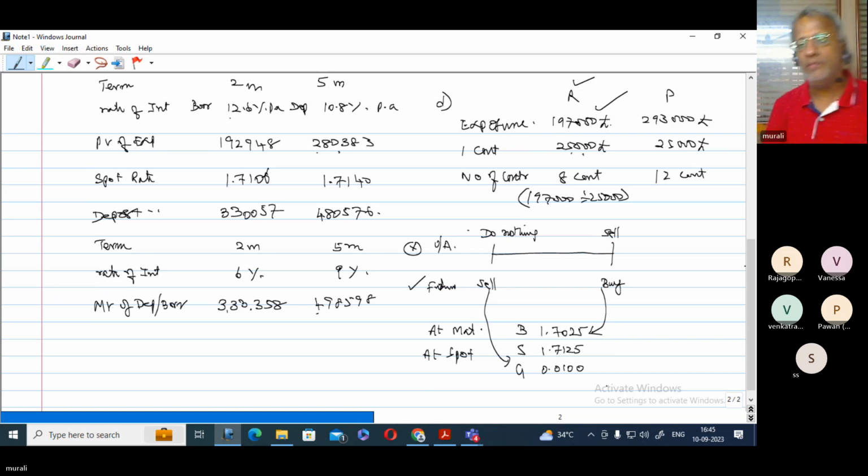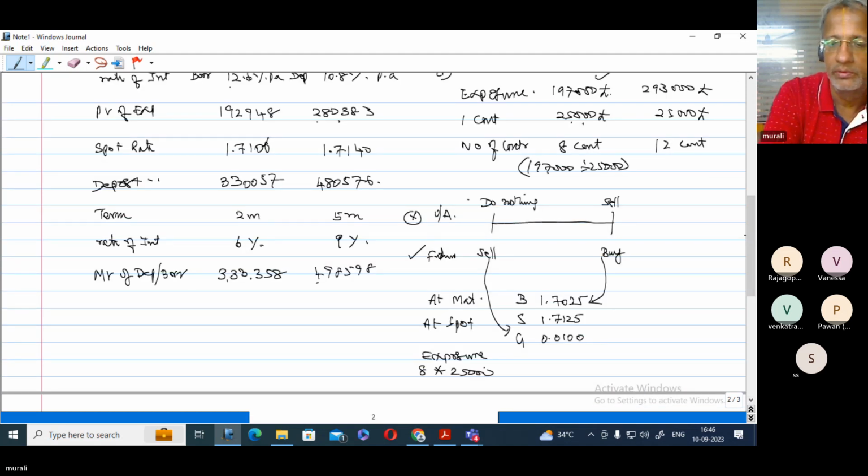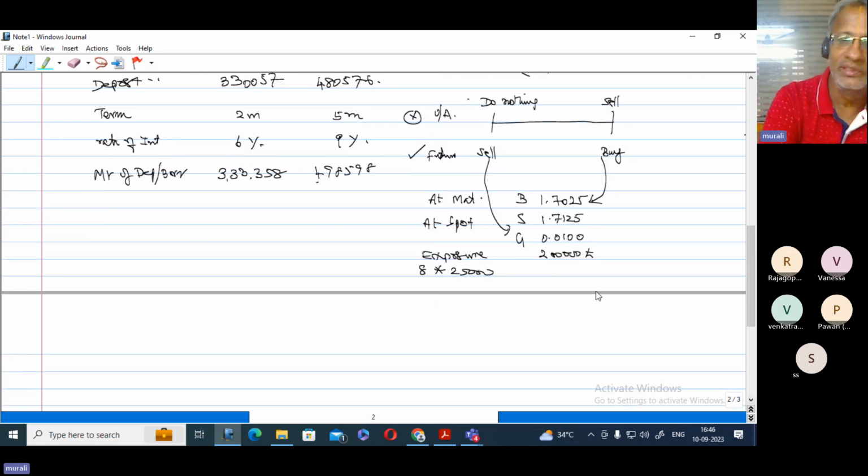The difference is 0.0100. And you know the exposure. The exposure is going to be 8 contracts into 25,000, which is 200,000 pound sterling. This is in terms of dollars.